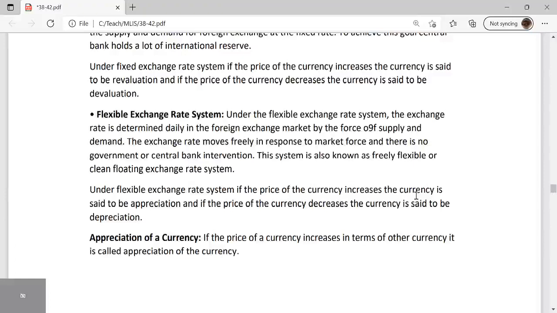Okay, next we have that under the flexible exchange rate system, if the price of a currency increases, the currency is said to be appreciated, and if the price of the currency decreases, the currency is said to be having a depreciation. So see that when it's rising, it's appreciation, and when it's falling, it's depreciation.